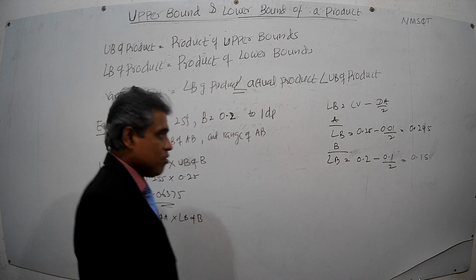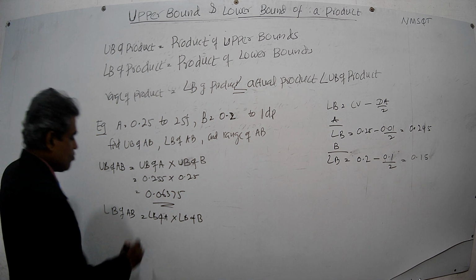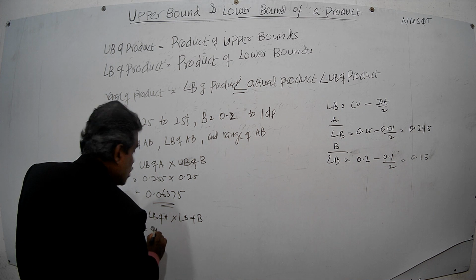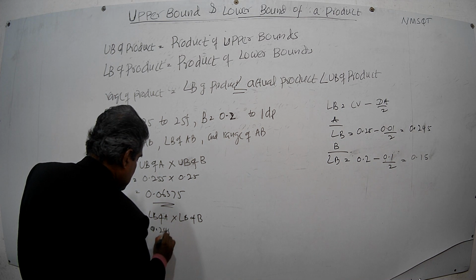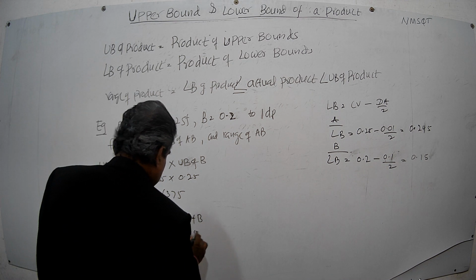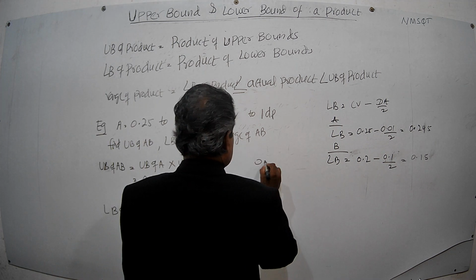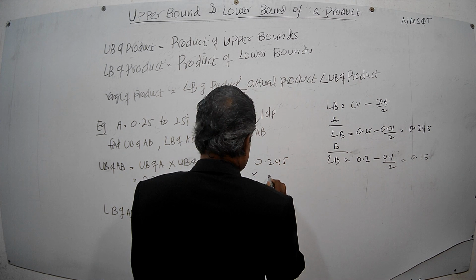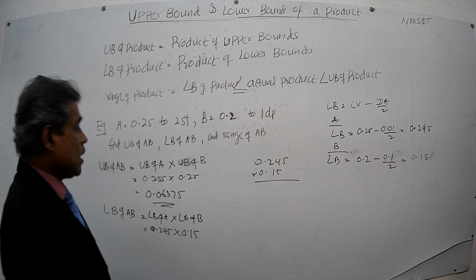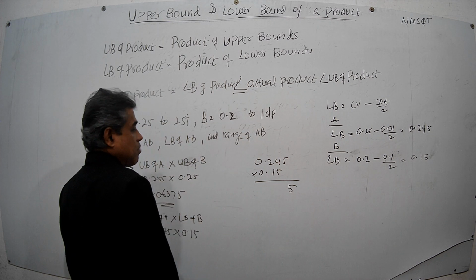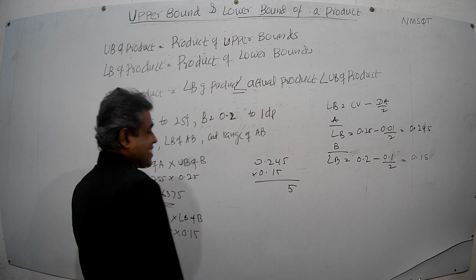Now you have found the lower bound and upper bound of A and B, and you substitute into this one. The lower bound of A is 0.245, multiplied by the lower bound of B, which is 0.15. We will multiply 0.245 by 0.15. Now multiply: 15 times 5 is 75, 7 is left. 15 times 4 is 60, 60 plus 7 is 67.